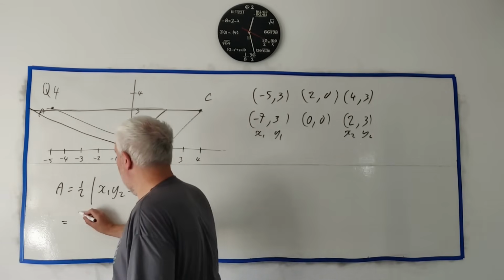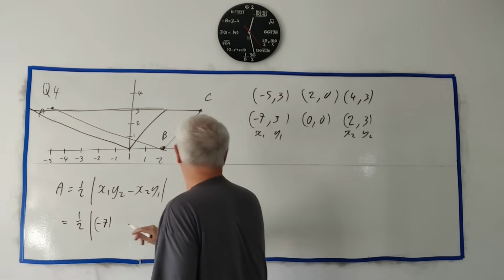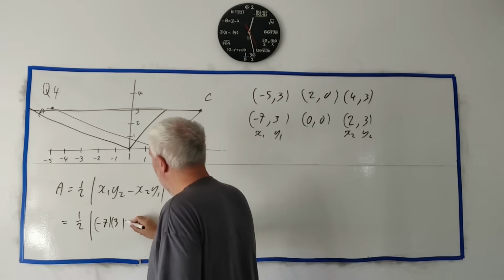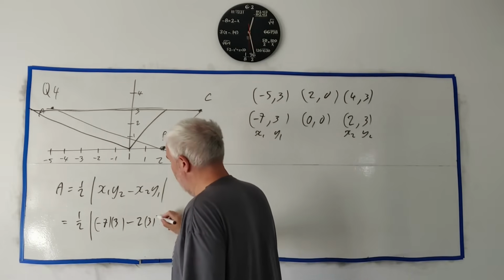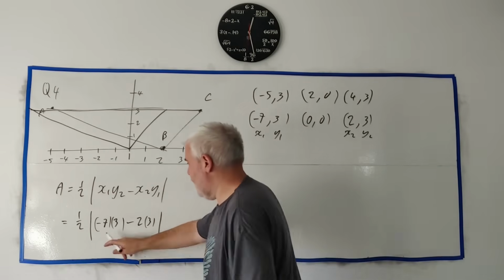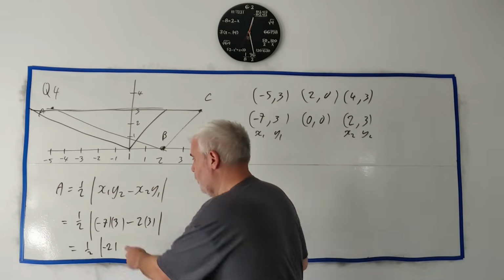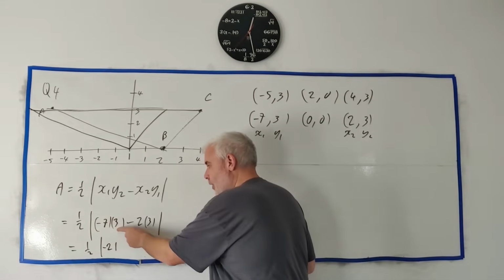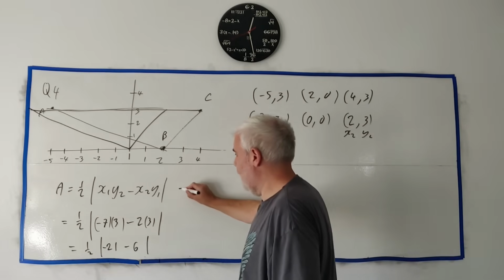So this equals a half, x1 is minus 7 multiplied by 3 minus 2 times 3. Let's clean this up a bit. We have a half, minus 21 minus 6, since minus 7 by 3 is minus 21, minus another 6. Clean that up here.